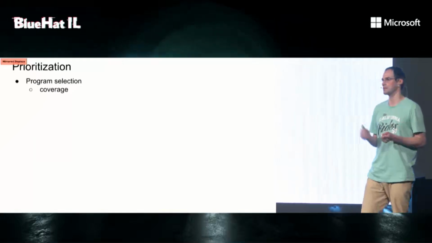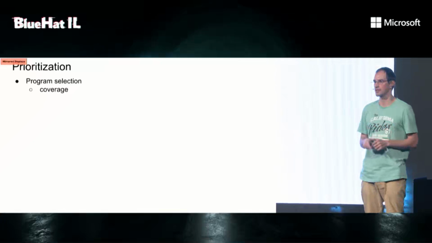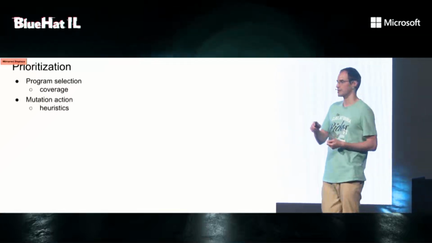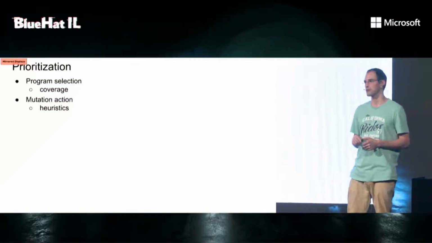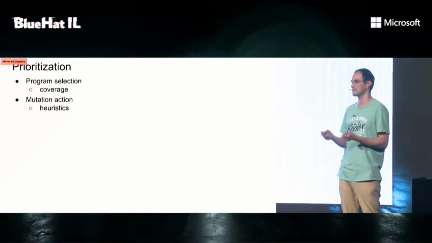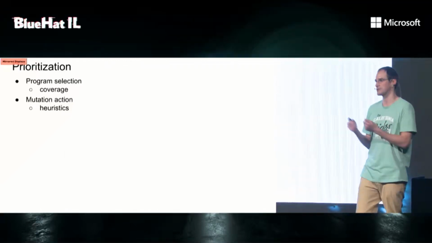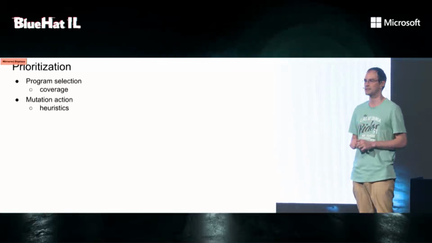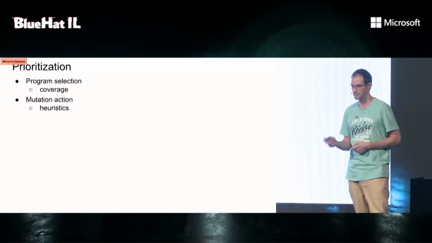We want to mutate both of them, but we want to drive more mutations to that more complex and larger program. Also, when we choose a mutation action, for example, do we want to insert a call or remove a call or change an argument, there are some priorities. For example, it turns out that it's much more profitable to insert a system call rather than remove. Removing a system call can give some new behaviors, but usually it doesn't.